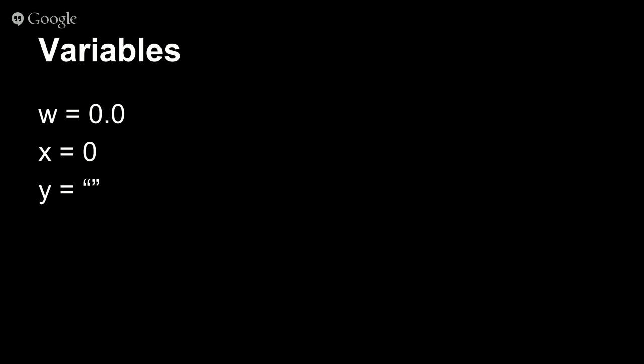So I can say w equals 0.0, and that will make it a float or a double. I can say x equals 0, and that is an int, or an integer. Int is spelled int. But really, you won't have to use those type keywords in Python, because it does all of this behind the scenes for you, which is really nice.